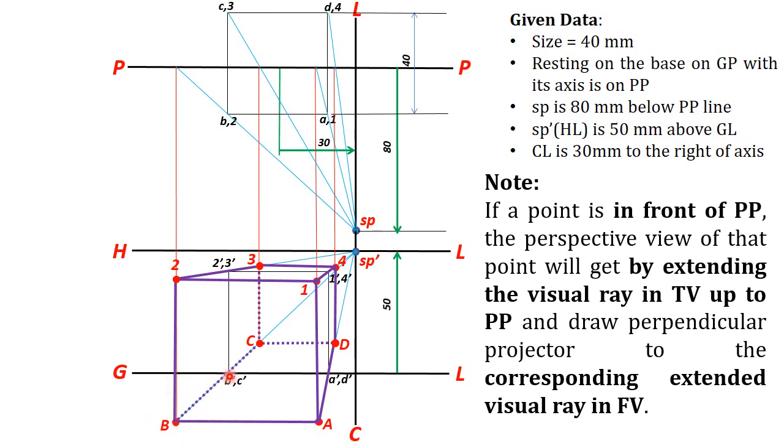Okay, one more thing you should remember: be careful about drawing the ground line. Here, if some part is in front of PP, some part of the perspective view will go down to the ground line. So be careful, you should give some space at the bottom portion.